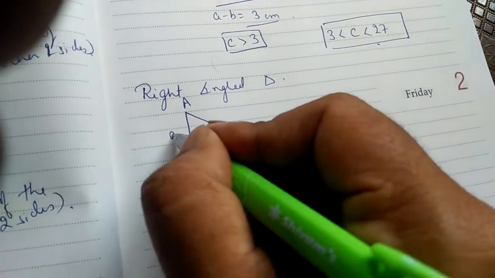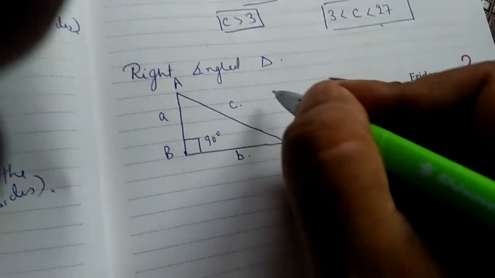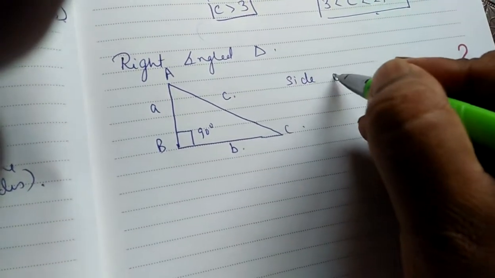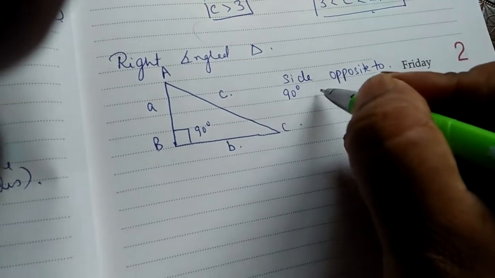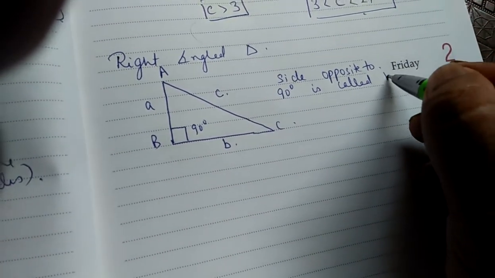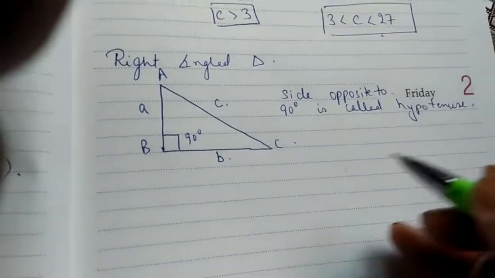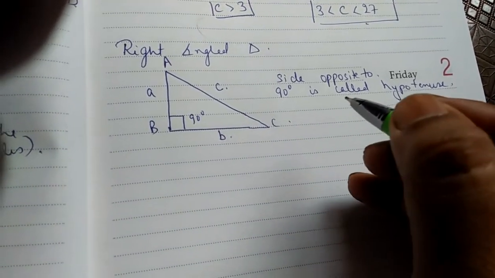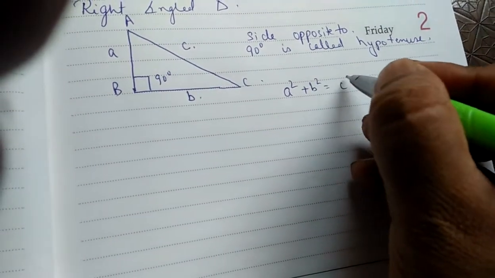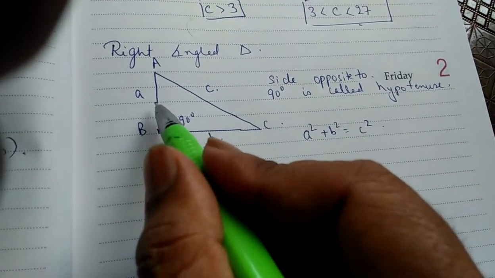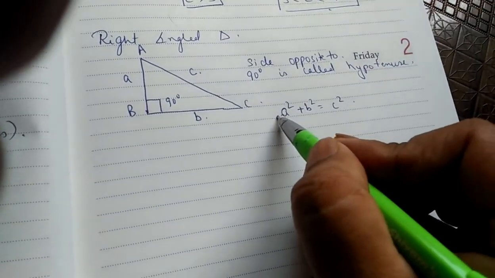This particular side is called A, this particular side is called B, this particular side is called C. The side opposite to 90 degrees is called the hypotenuse. Okay, and there is one property of a right angle triangle: A square plus B square is equal to C square, which is, the sum of squares of the two sides is equal to the square of the hypotenuse. Okay, you have to remember this property every time.